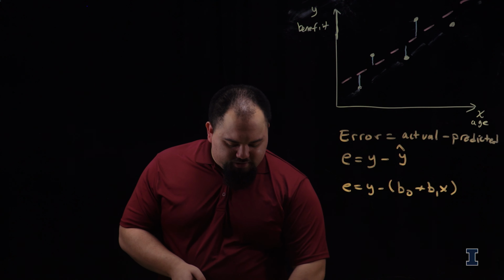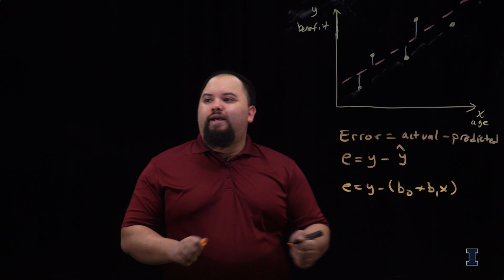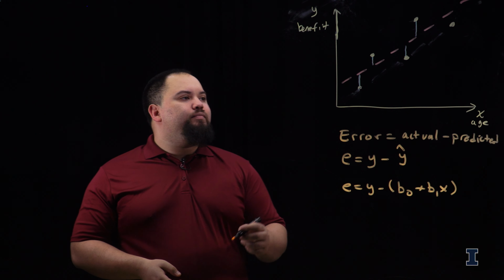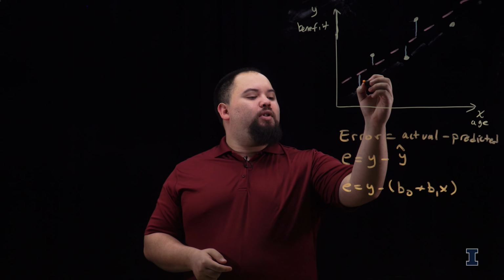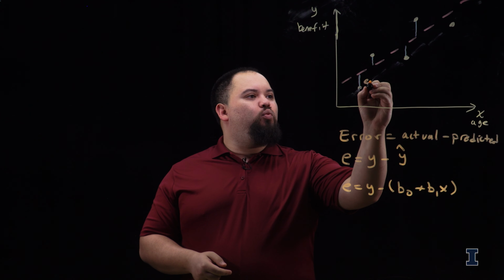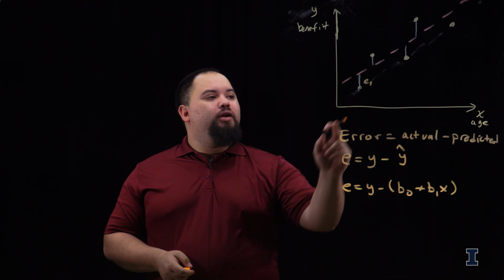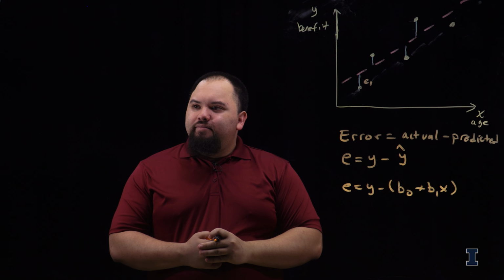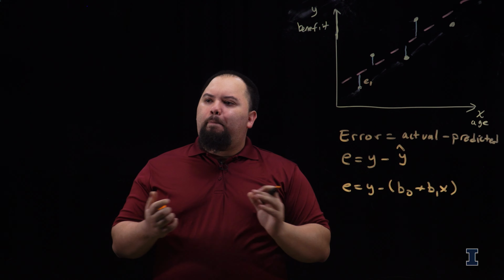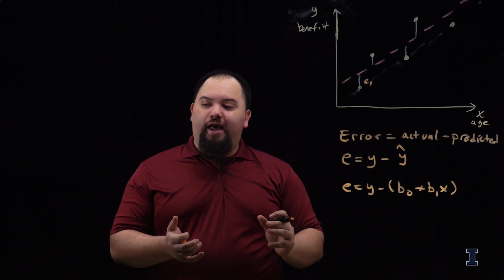Each one of these points has their own error, which we can indicate with a subscript. For example, I'll call this one E1 as a distance from this point to the line. Looking at this, is this error going to be positive or is it going to be negative?